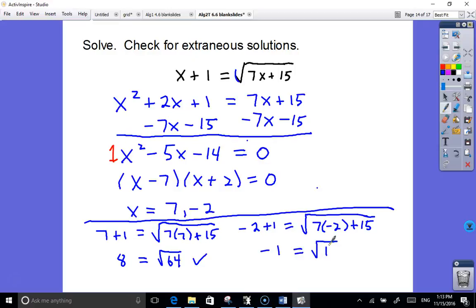You've got to say the square root is supposed to be positive, and it's not. It's equal to a negative. This is just like with absolute value. If you got an absolute value equals a negative number, you'd have to say no, it can't. It's the same thing for the square root. So that is extraneous because of that one fact. This is not true, and so that is extraneous.